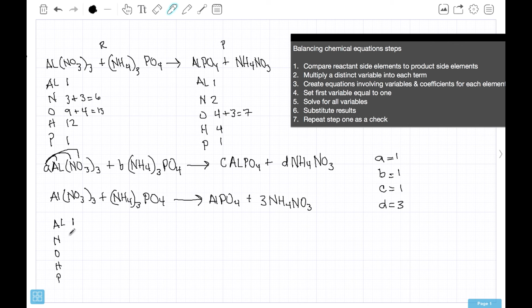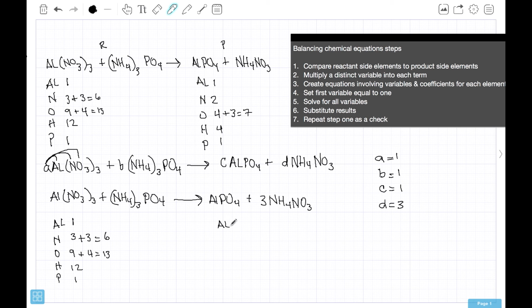We have nitrogen, nothing changed there. We have oxygen, nothing changed there. We have hydrogen, which nothing changed there either, and phosphorus, nothing changed.